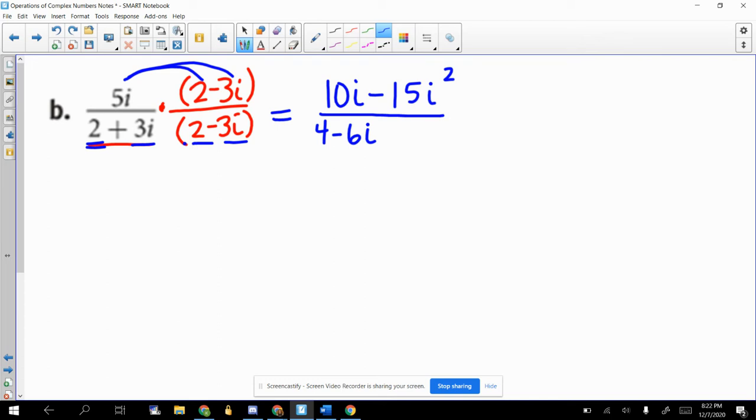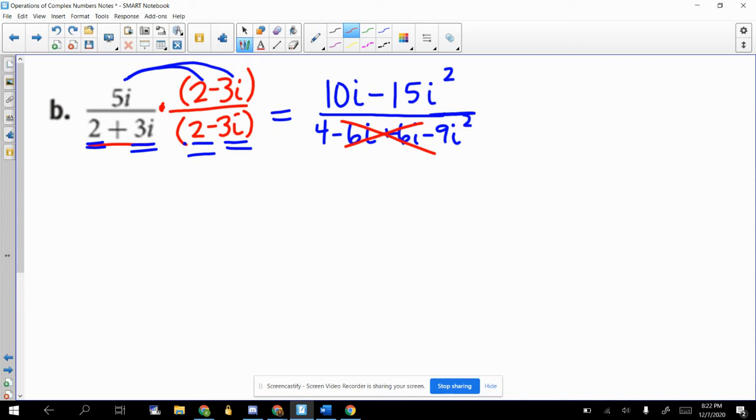Then my inners, 3i times 2 is +6i. And then my last, so 3i times -3i is -9i squared. Okay, and again, if you wanted to skip the O and the I, meaning the middle 2 terms there, you could, because remember, those cancel.